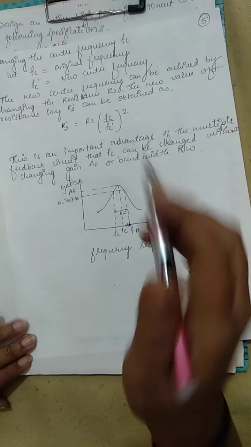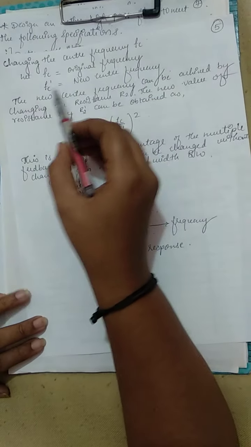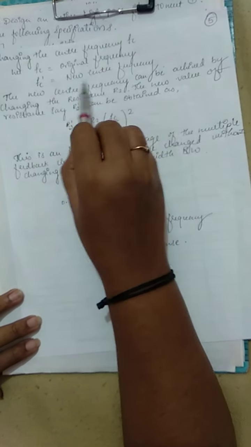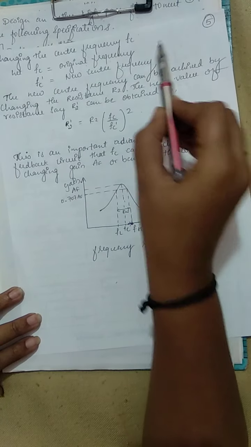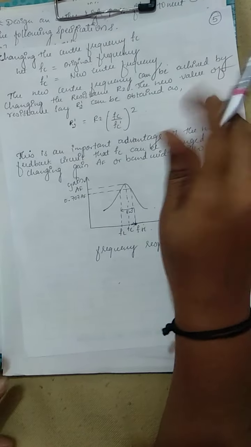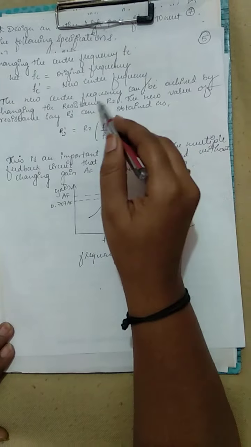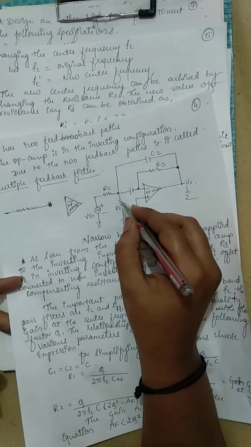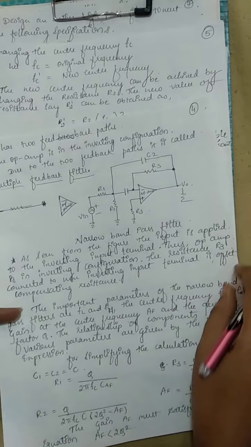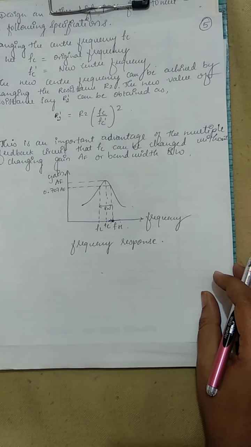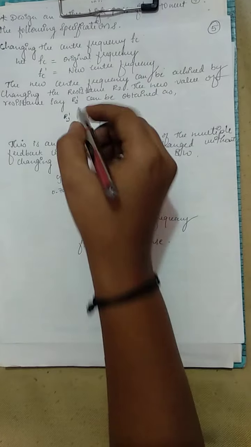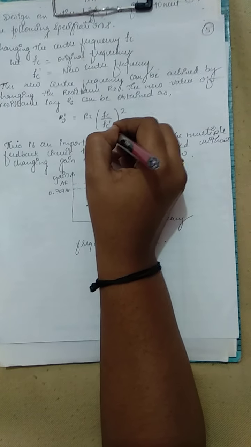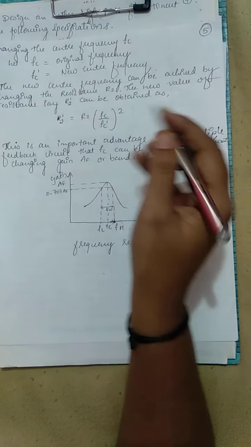Now to change the center frequency, FC is the original frequency and FC dash is the new center frequency. The new center frequency can be achieved by changing the resistance R2. That is, R2 dash is equal to R2 into (FC by FC dash) the whole square.